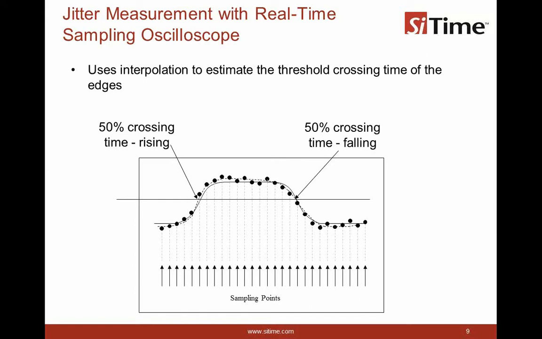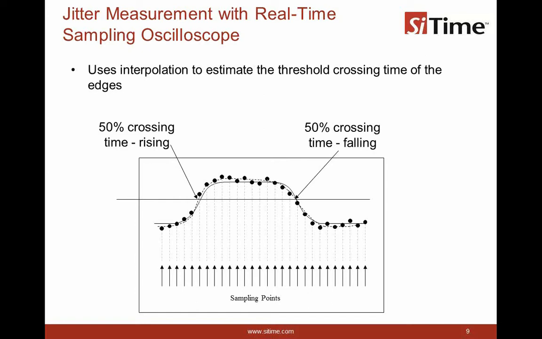Once the samples are ready, the scope has to estimate at what point in time the signal edge, either rising or falling, crosses a 50% threshold. There may not be any voltage sample at that point in time. Therefore, the scope does what is called interpolation. It uses the points it has, interpolates them, and then estimates at what time the signal crossed the 50% threshold.